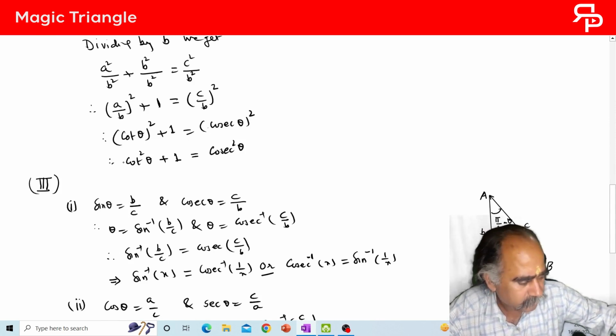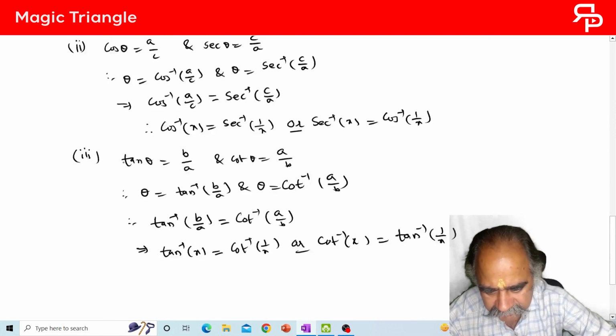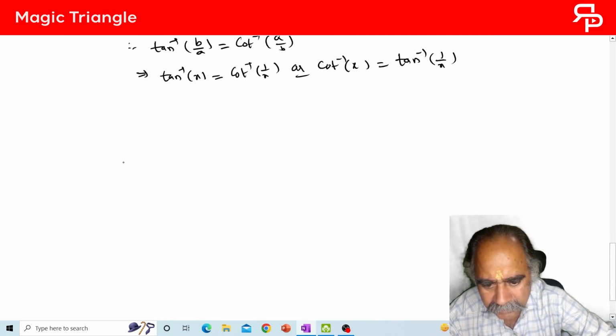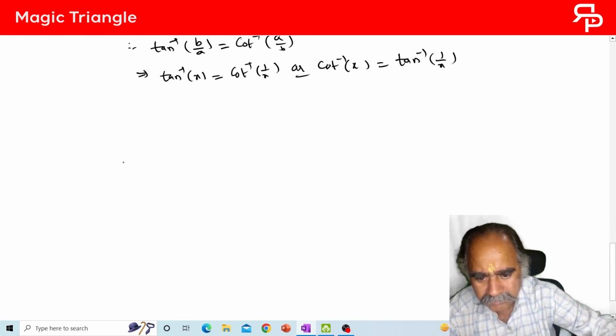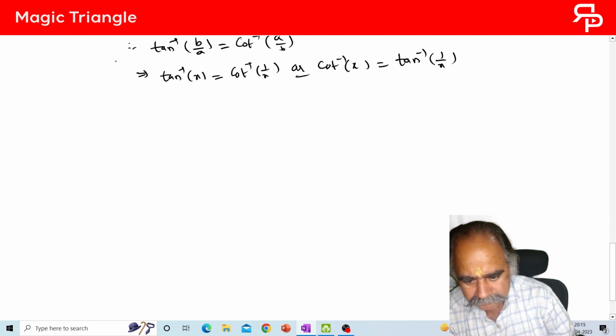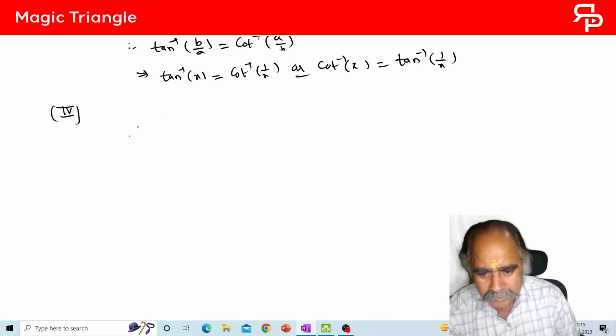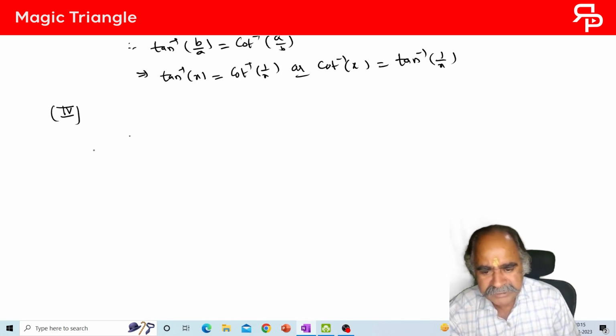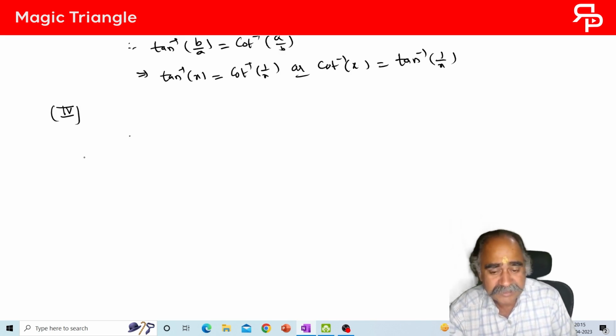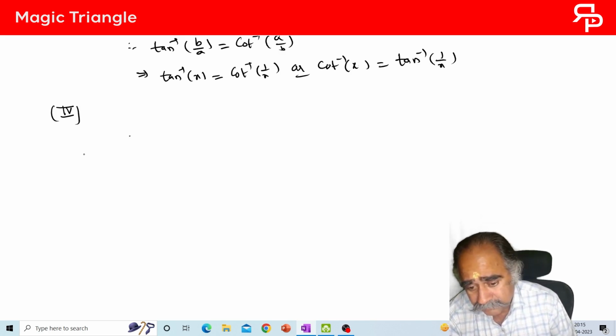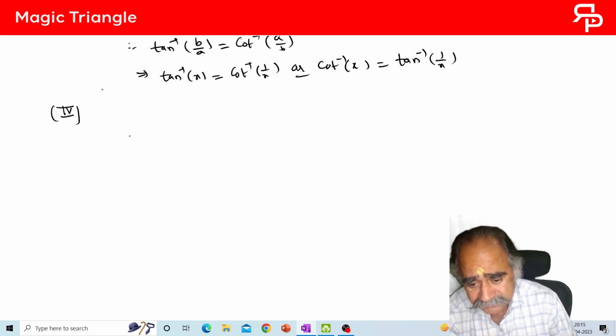Now we'll go to the fourth set, which is also very important. So many formulas and identities we can derive and prove from the right angle triangle, so it becomes R.P. Singh's magic triangle.